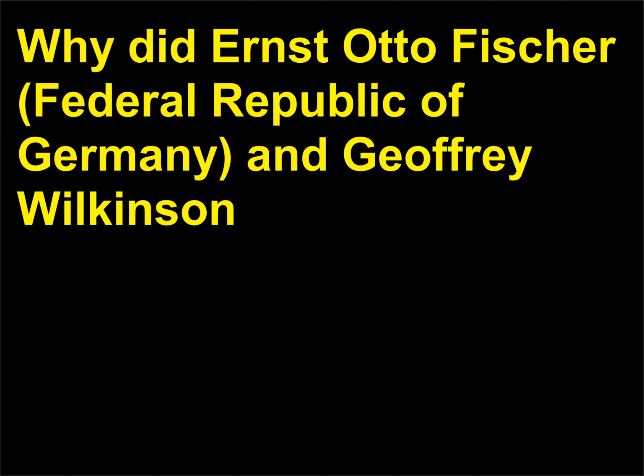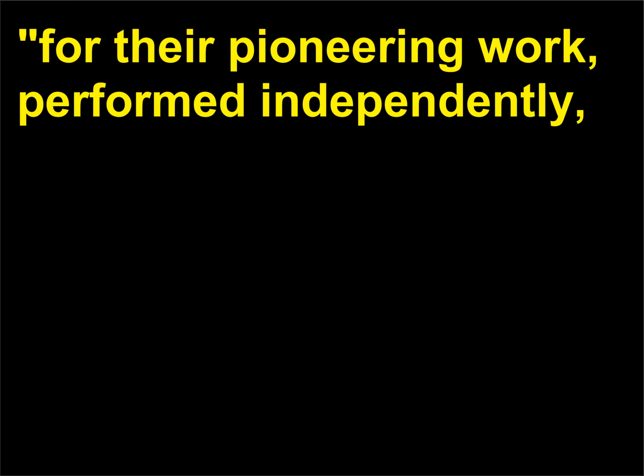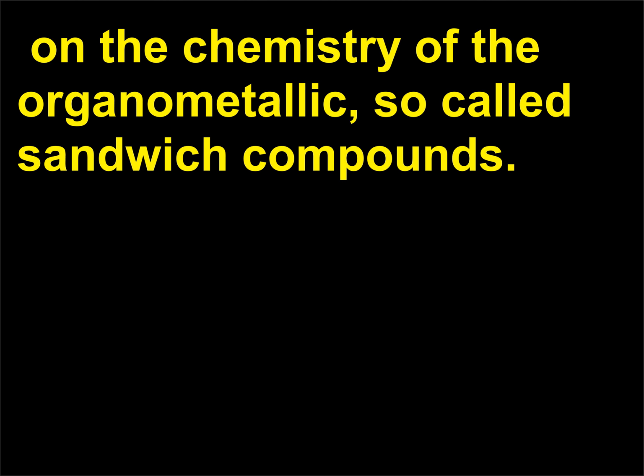Why did Ernst Otto Fischer, Federal Republic of Germany, and Geoffrey Wilkinson, United Kingdom, win the Nobel Prize for Chemistry? For their pioneering work, performed independently on the chemistry of the organometallic, so-called sandwich compounds.